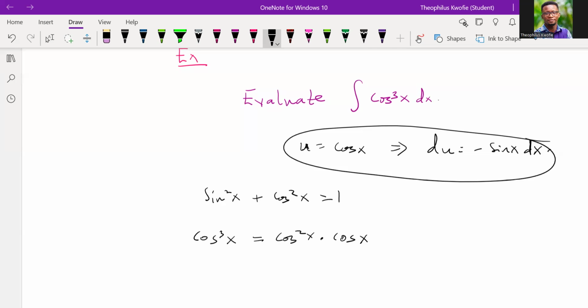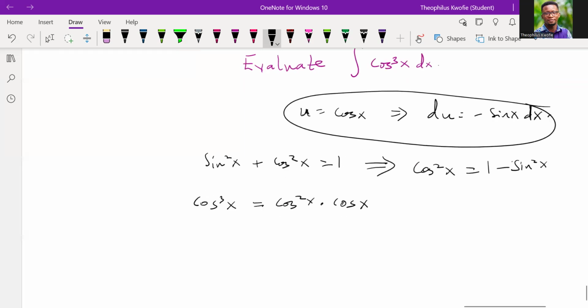From here we can just separate the cosine squared x out. By doing that separation, we're going to have something like this. Does that make sense?